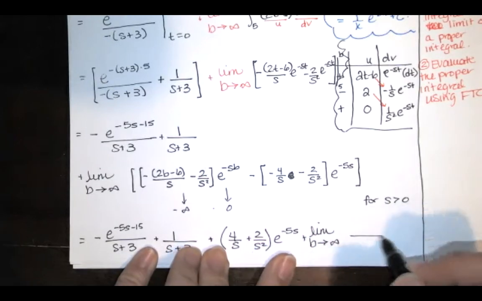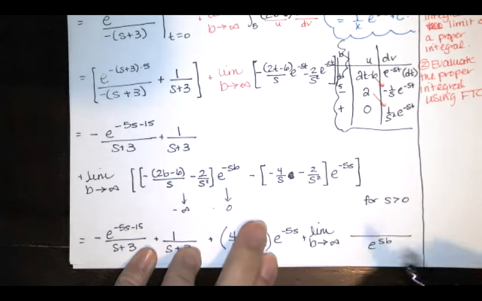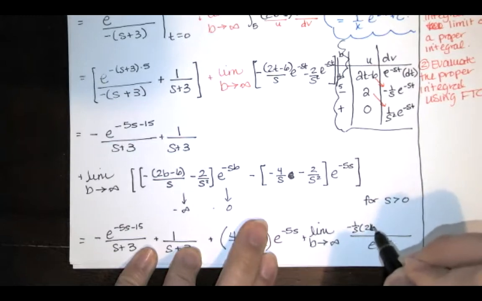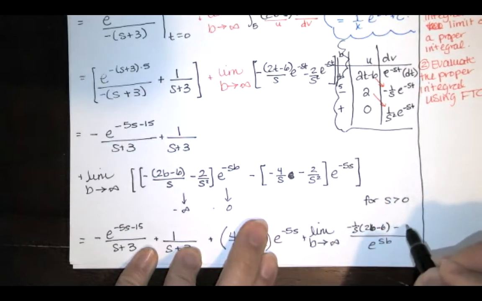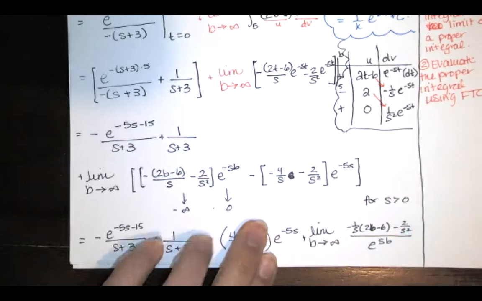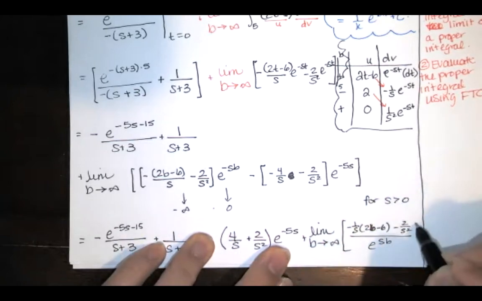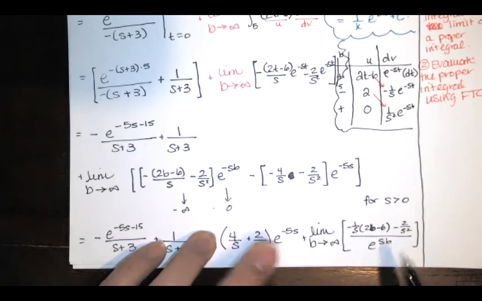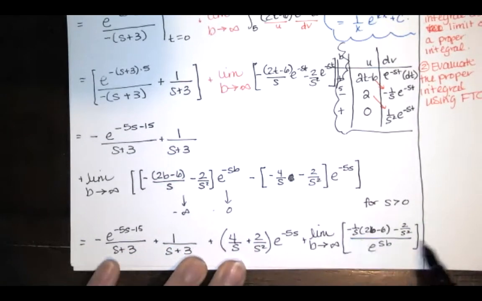Okay, so I want to put my exponential in the denominator. And I still have this negative 1 over s times 2b minus 6 minus 2 over s squared in the numerator. And now as b goes to infinity, this is a negative infinity over infinity indeterminate form, provided that s is positive.